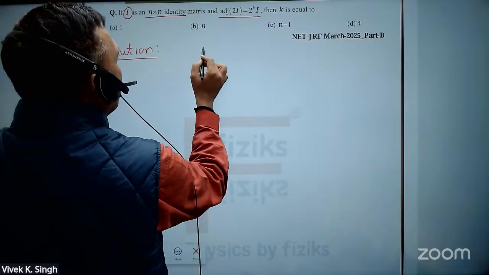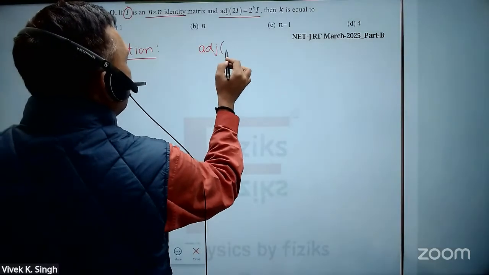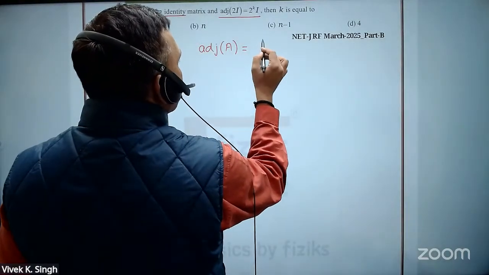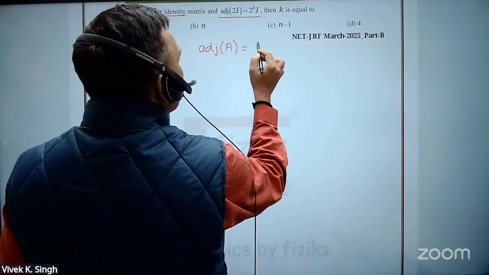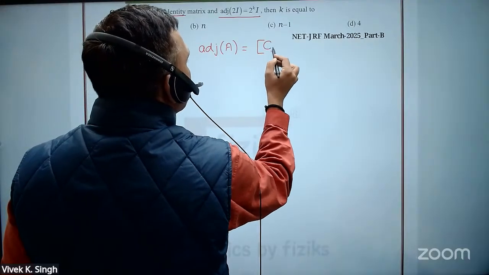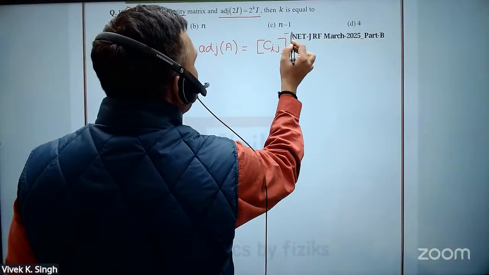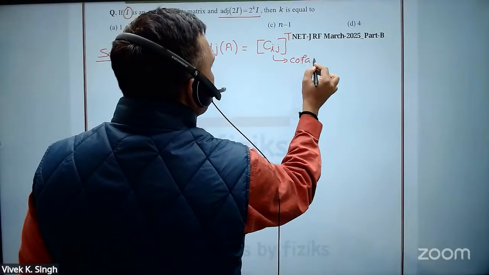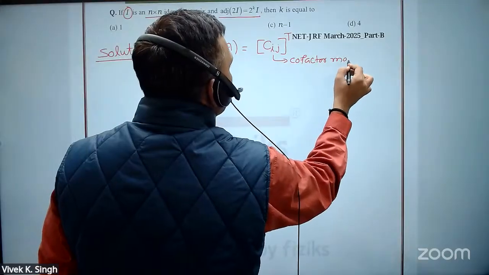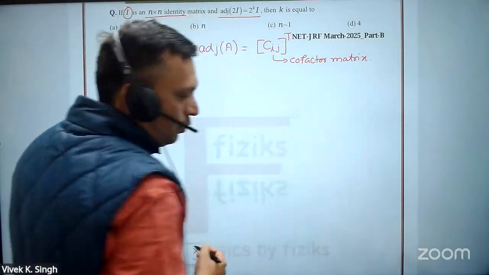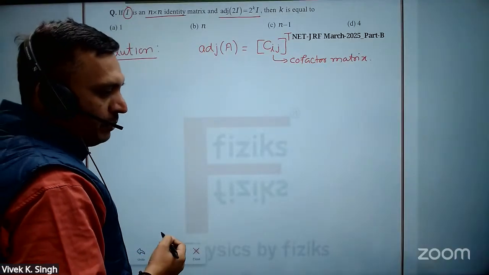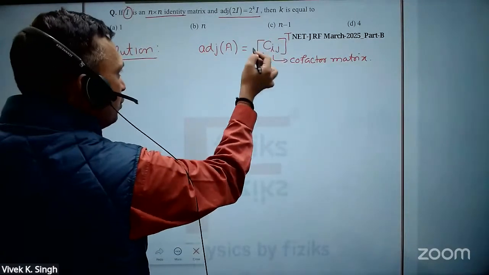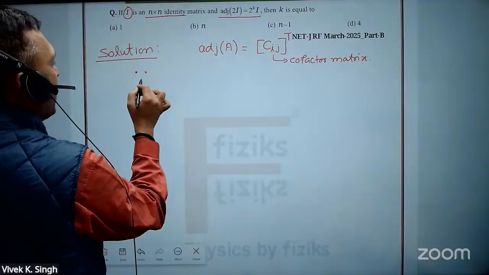Adjugate of a matrix A is given as: you have to find the cofactor matrix, and then you have to take the transpose. So this is Cij and then transpose. This will give you the cofactor matrix. So you know how to write the cofactor of the matrix, and then if you take the transpose, that will give you adjugate of A. We use this when writing the inverse of a matrix.